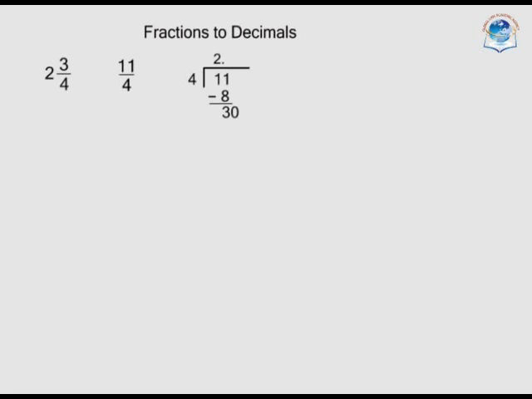So we have 30. 4 goes into 30 7 times because of 28. We subtract and get 2. We add another 0, but we do not put a decimal. 4 goes into 20 5 times, and so we have 2.75. The thing is, during division to get decimal fractions, we do not write remainders, but the division has to proceed to the very end.